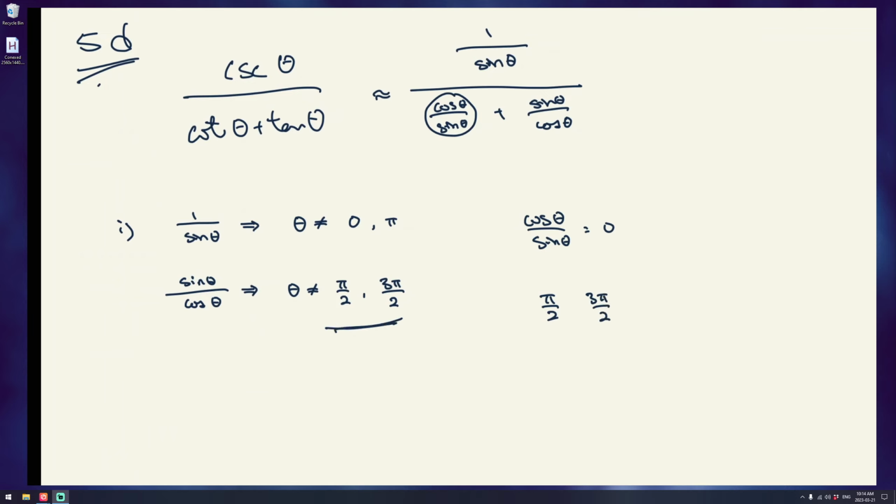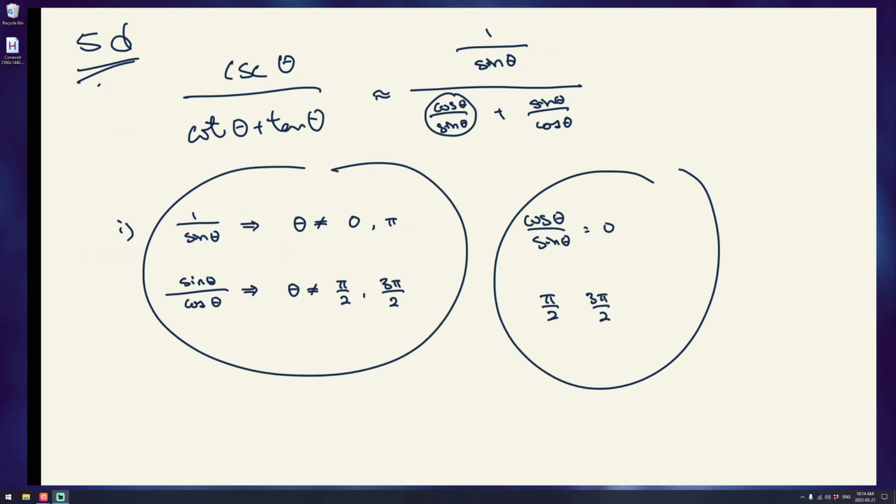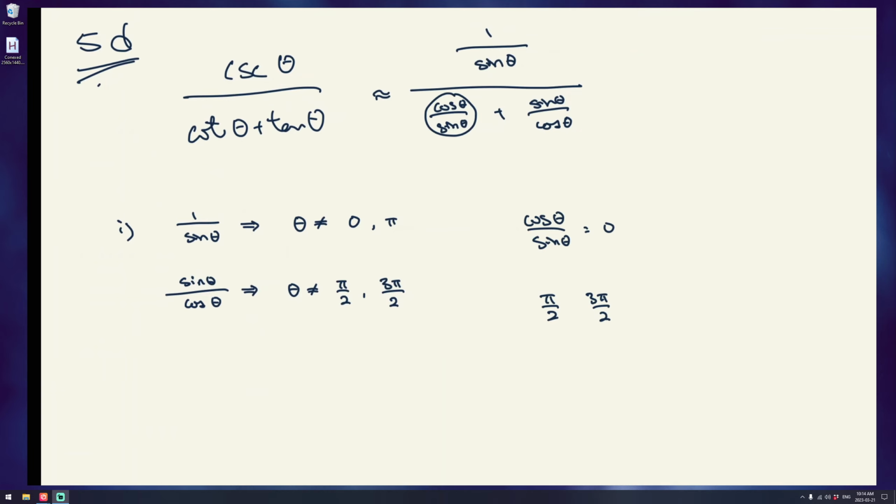Now, we already are excluding them, but let's imagine that we did this first before we inspected this, just for completeness. And then we can think about tan. If tan of the same theta is equal to 0, then it's doomed.